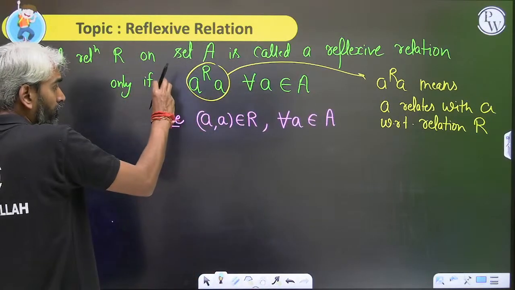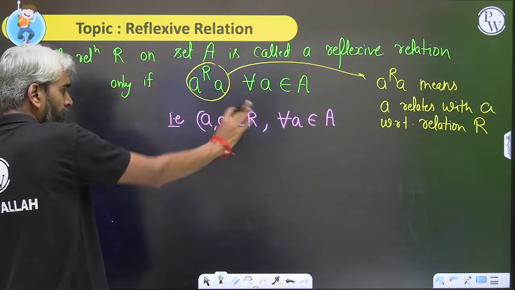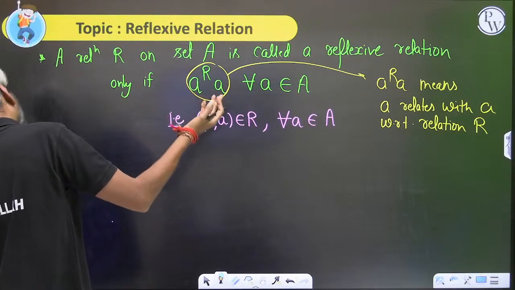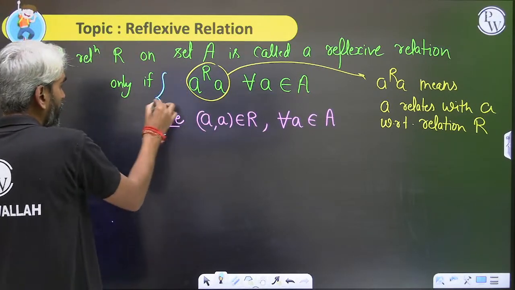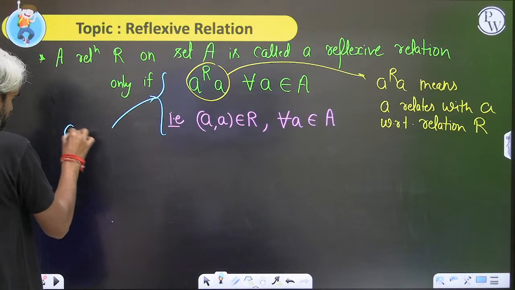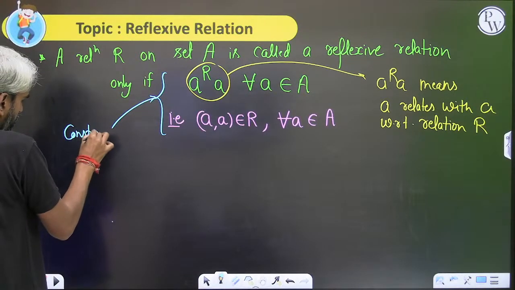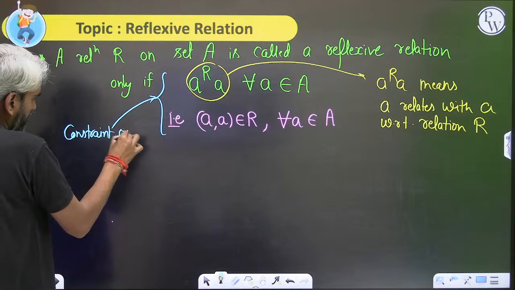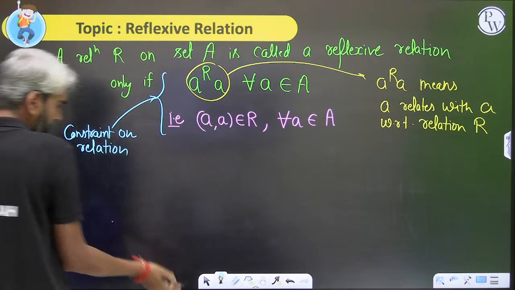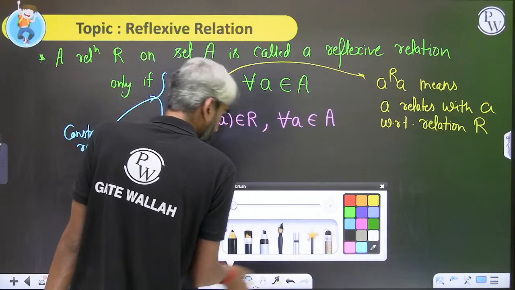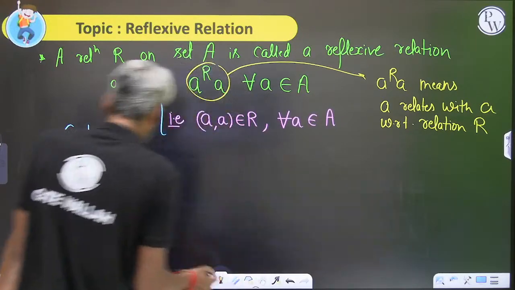That for all the elements, A comma A should be present in the relation R, but we are not commenting on whether other things can be present or not. So, it is just a constraint on the relation. In a while it will be more clear. I'll give you the example.